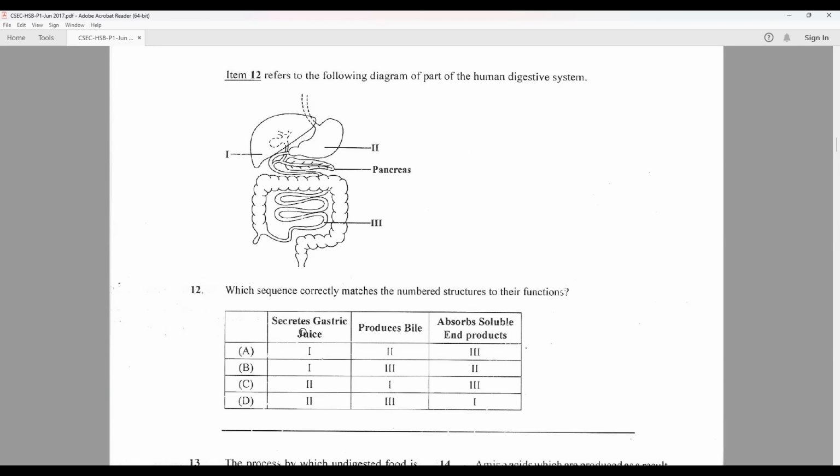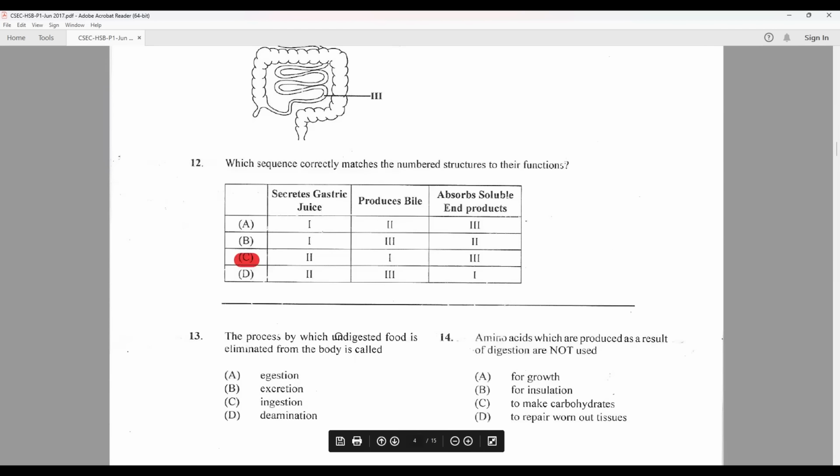So which part secretes gastric juices, which part produces bile, and which absorbs soluble end products? We know absorbing soluble end products is 3. Produces bile is 1, and secretes gastric juices is 2, the stomach. So we just need to look at that, and we see that turning out to be C.